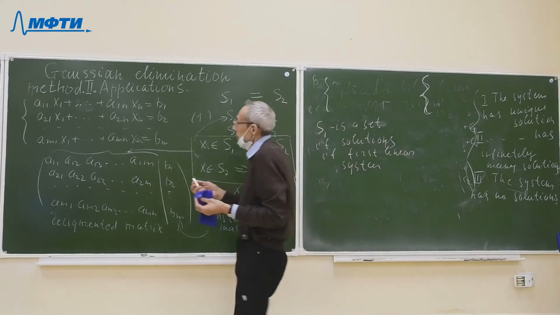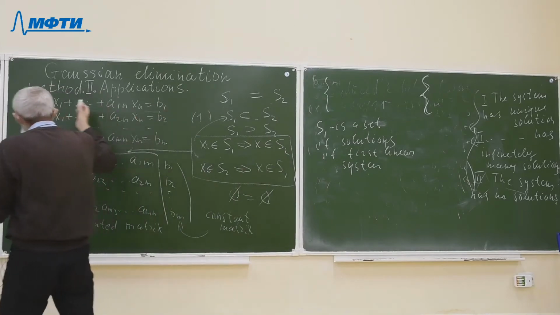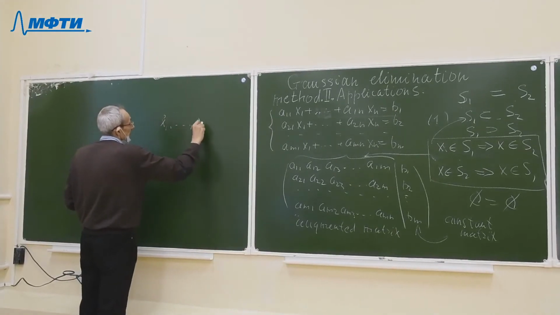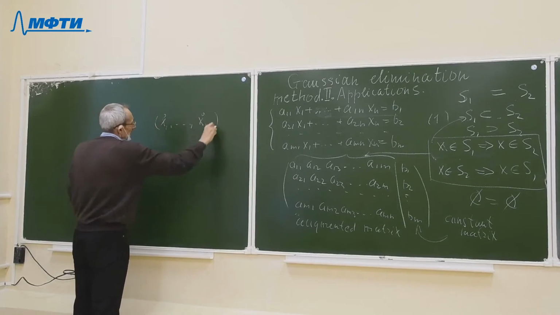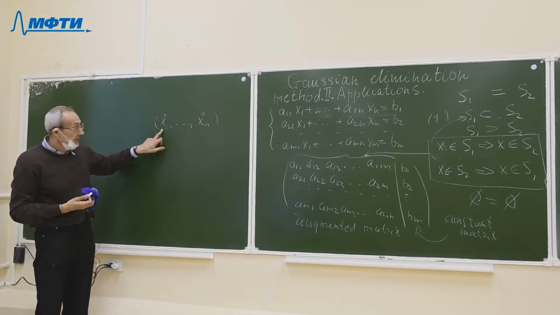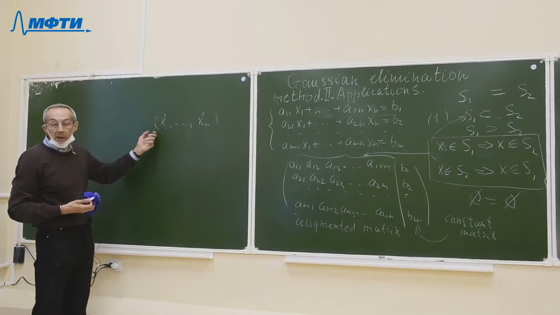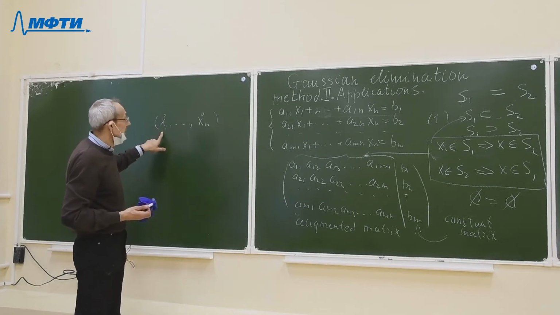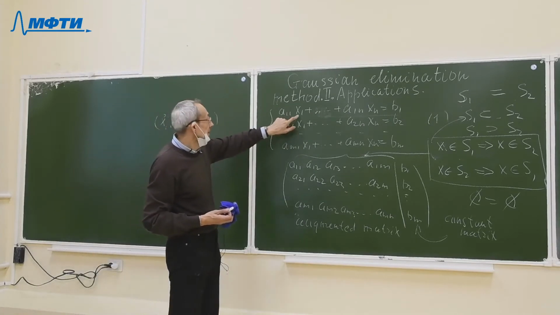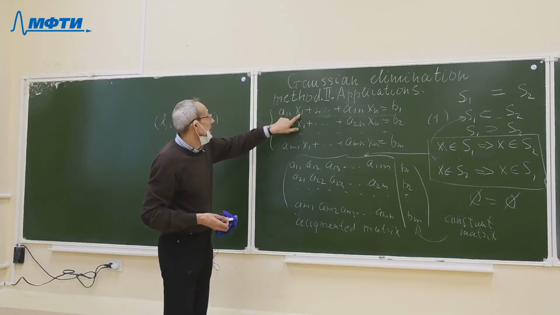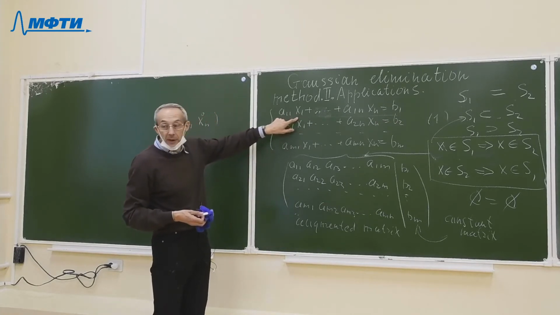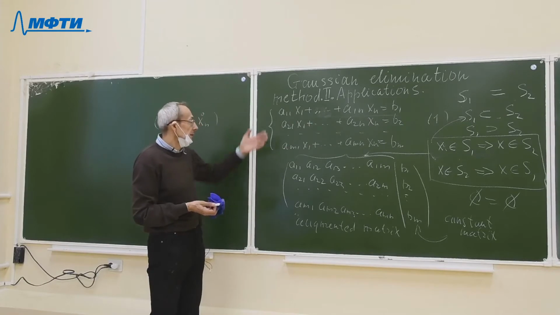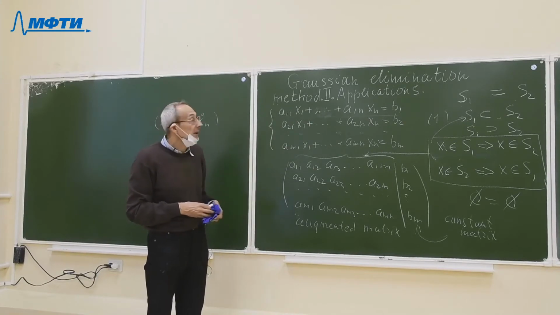What does the solution mean? We have the solution, and let us have some n-tuple of real numbers, and this n-tuple is the solution if we substitute it in the place of the variables.